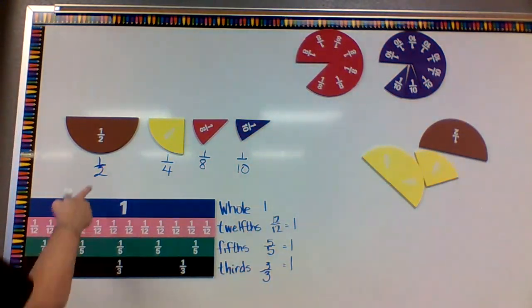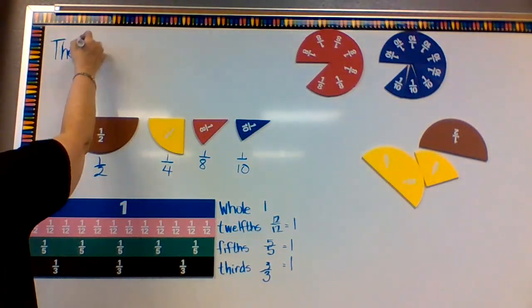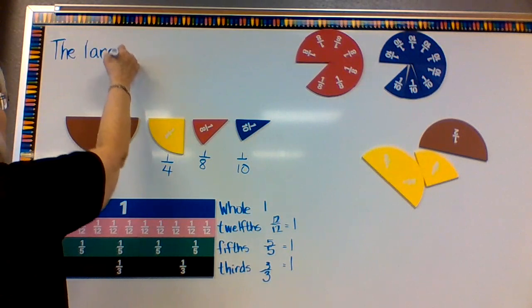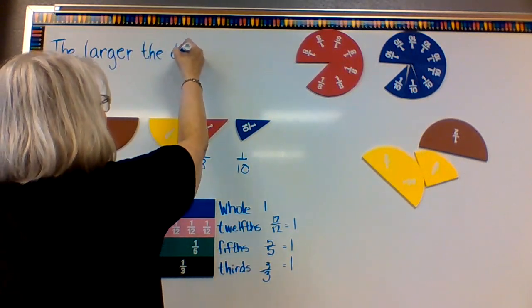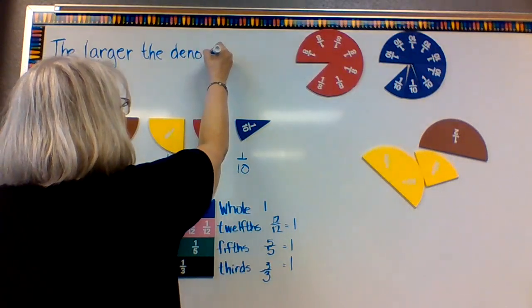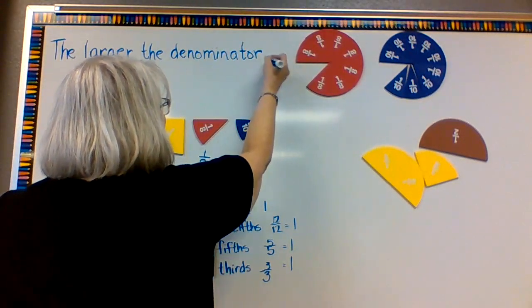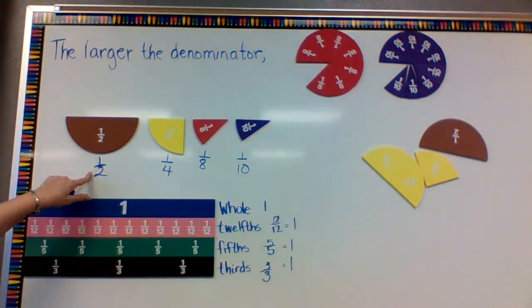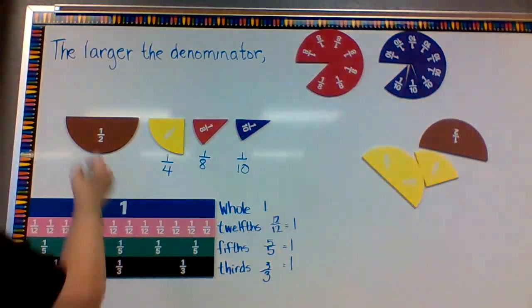So here's what we say. The larger the denominator, and remember, denominator is the number that tells how many in all, and it is the number that is down on the bottom, down for denominator. The larger the denominator, like here, the smaller the piece.